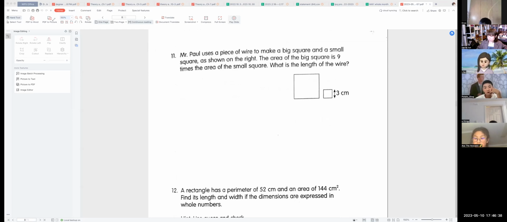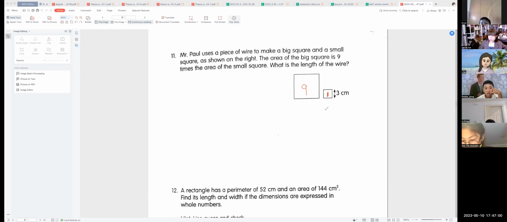Okay, I have received some of the answers. So let's take a look at this one. Mr. Paul uses a piece of wire to make a big square and a small square. As shown on the right, the area of the big square is 9 times the area of the small one. So that means if the area of the small one is 1, the bigger one will be 9.